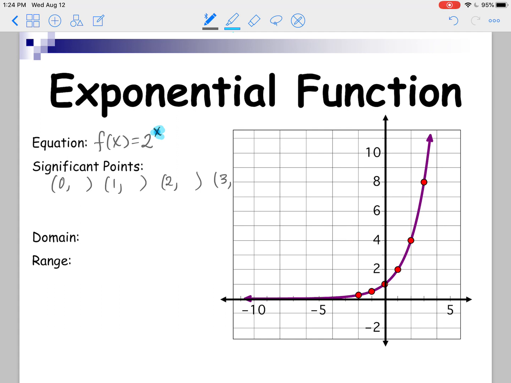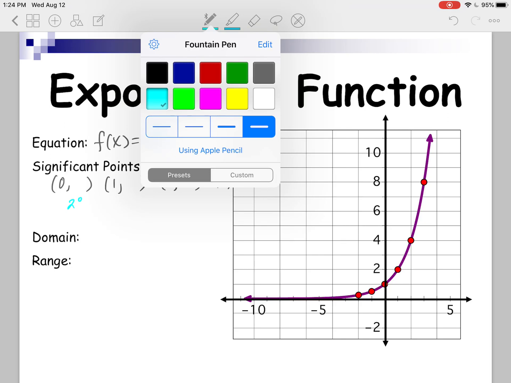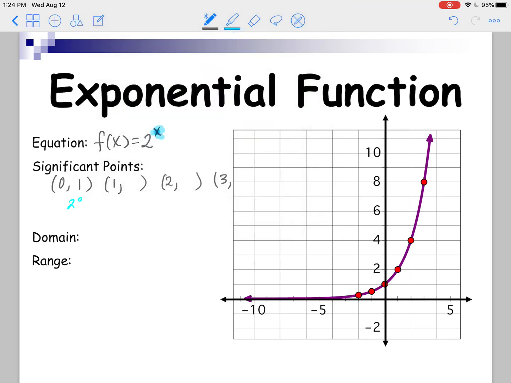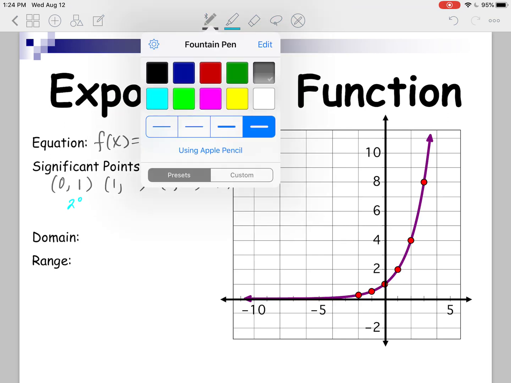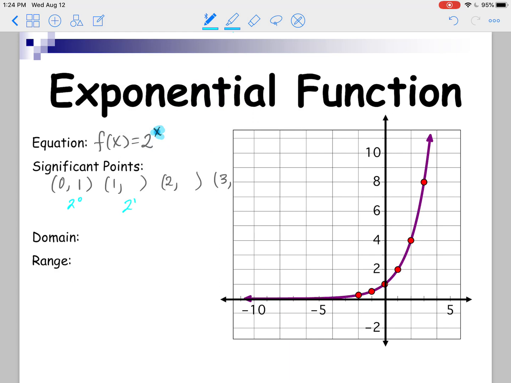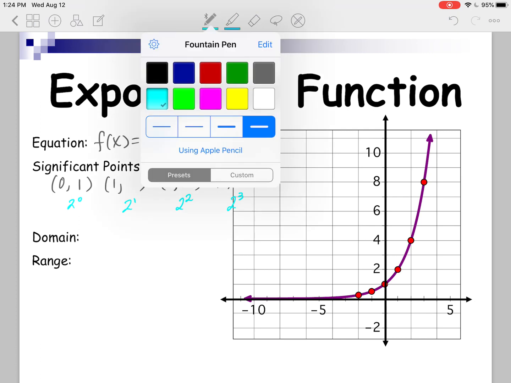Okay, so 2 to the 0 power is 1. Anything raised to the 0 power is 1. 2 to the first power is 2. 2 to the second power is 4. 2 to the third power is 8.